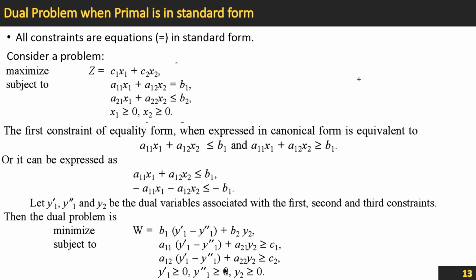We know that any equal to sign can be converted into two inequalities. Look here, y1 prime and y1 double prime, both we have considered greater than or equal to 0, because you know that in an LPP all variables must be greater than or equal to 0. Can you tell me the sign of y1 prime minus y1 double prime? Can we say whether it is positive, negative or equal to 0? No, we cannot say anything about it.